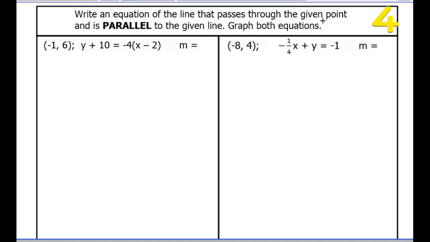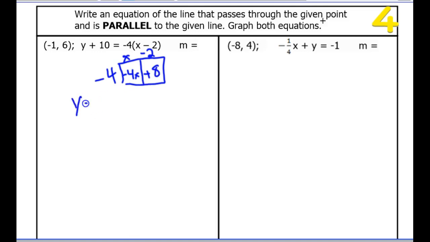Alright, let's go on to parallel lines. Again, the first thing we have to do is get the y by itself. So we have to first get rid of our parentheses. We have negative 4 and x minus 2. Negative 4 times x is negative 4x. Negative 4 times negative 2 is positive 8.